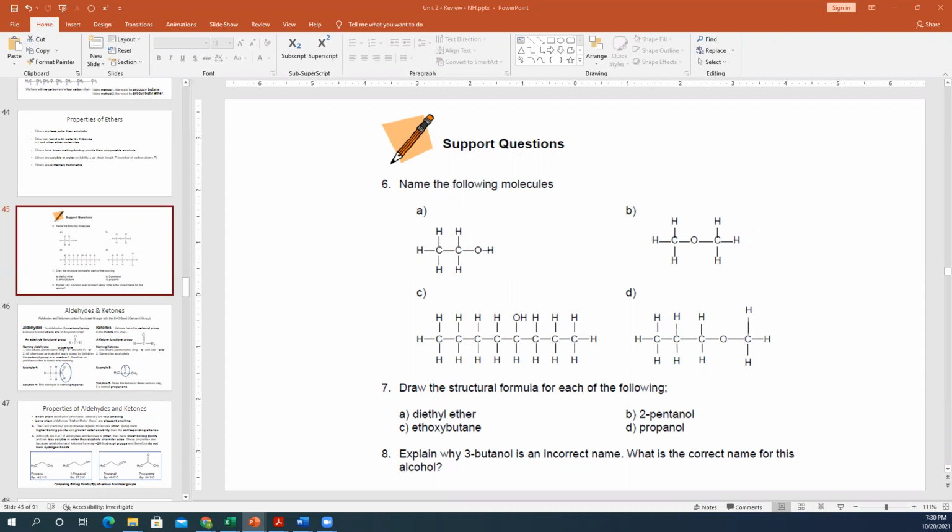So you want to first figure out how many C's you have, and start naming your parent chain. So how many C's do we have? I think we have 8. Okay, we have 8. So how do we name it? The parent base should be octane.